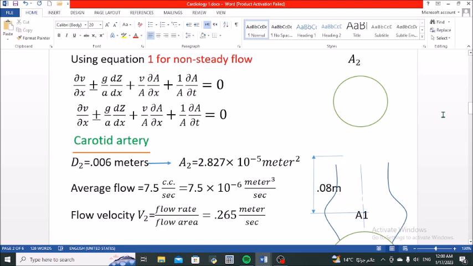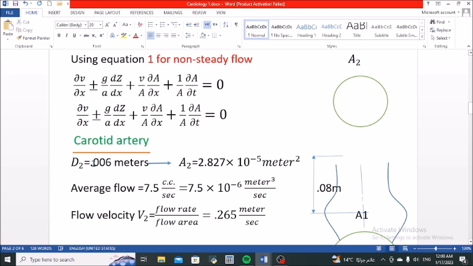Here is our numerical example for the carotid artery. There are 2 carotid arteries, one on the left of the neck and one on the right. It has an approximate diameter of 6 millimeters, and an average flow rate during the left ventricle pulse of 7.5 cubic centimeters per second.